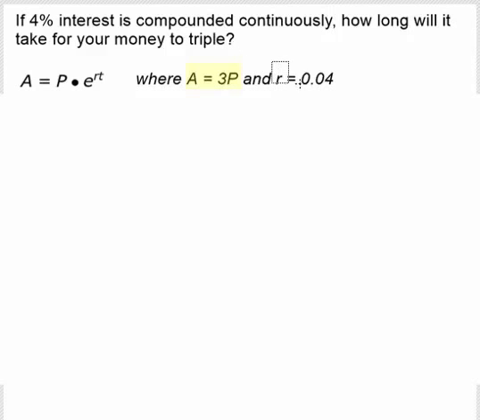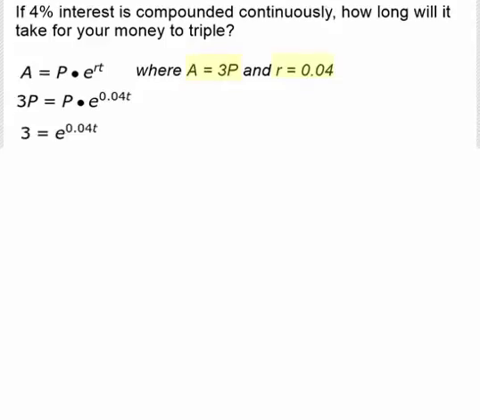And we use r as 0.04 representing 4%. So we plug those values in. And when we plug them in, we get 3P equals P times e to the 0.04t. Seems like we have too many unknowns here, but if you divide both sides by P, the P's cancel out and you're left with 3 equals e to the 0.04t.